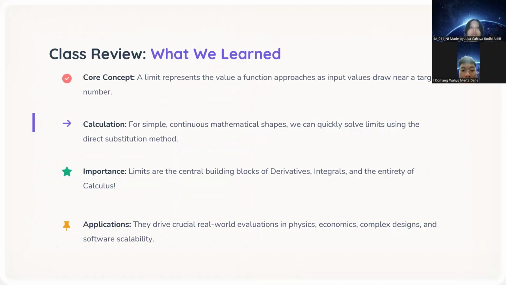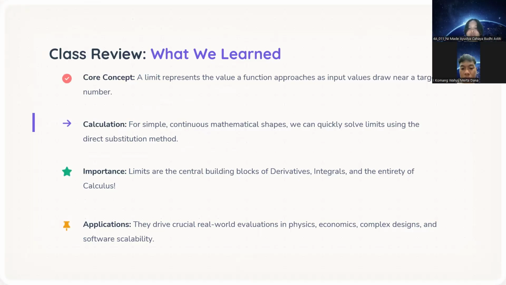That's all for me, and now we review the material. What have we learned today? We learned that a limit describes the value a function approaches as the input approaches a specific number. We also learned how to read limit notation correctly in English.